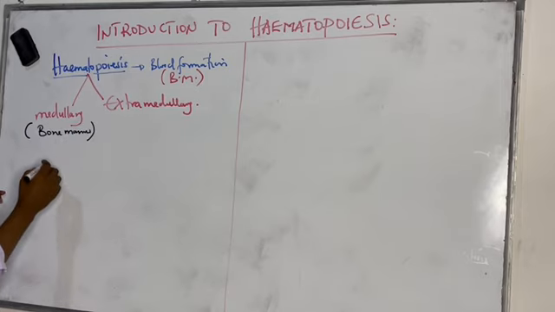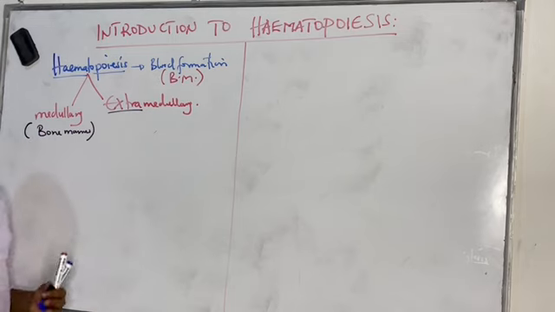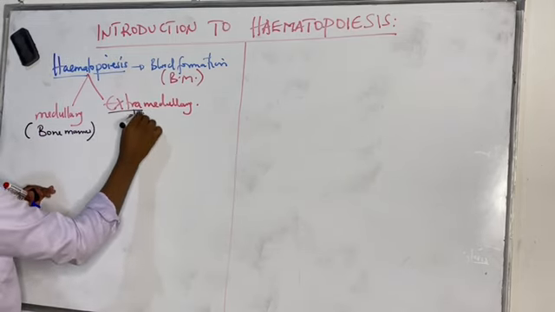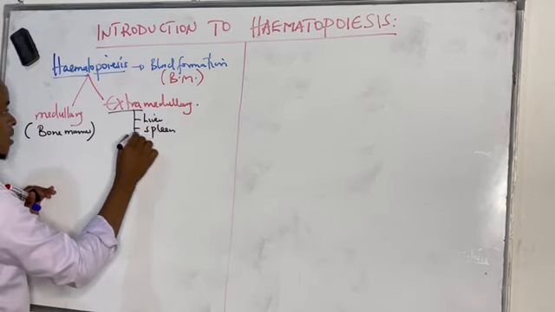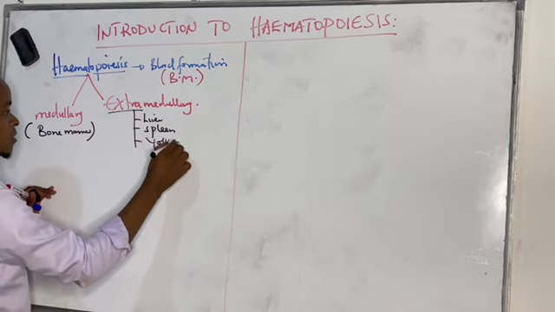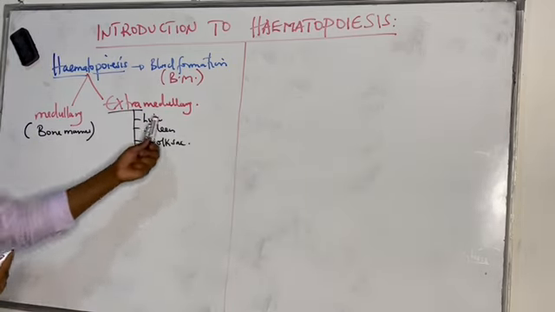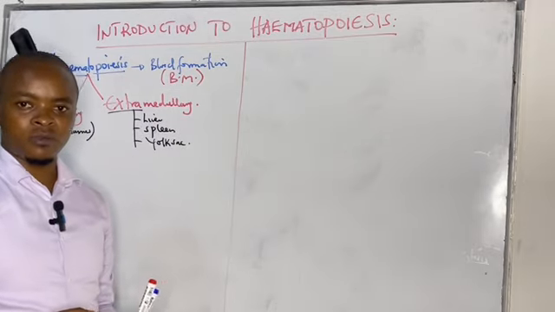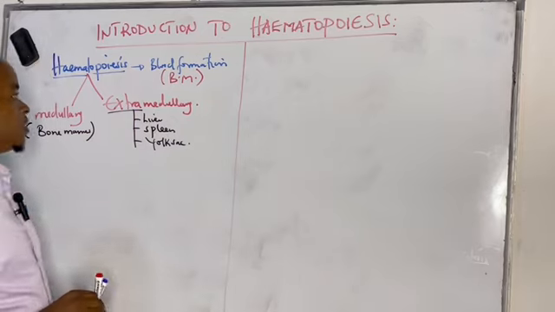Whereas extramedullary means outside the bone marrow. That is in other sites like the liver, spleen, and mesoderm layer of the yolk sac. That is in the infancy. Even in adulthood, whenever the bone marrow fails, extramedullary can resume, whereby the liver can take over the role of blood formation.